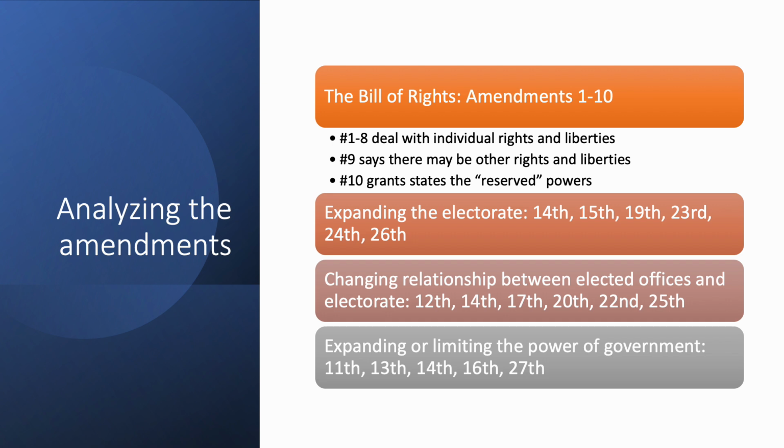And then there are the ones that limit the powers of government, 11, 13, 14, 16, etc. So, what I'm getting at here is that these amendments really didn't go into the heart of the Constitution and change it fundamentally. Understand that is possible. Anything can happen with a constitutional amendment.